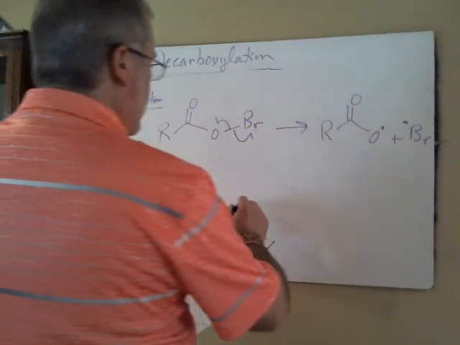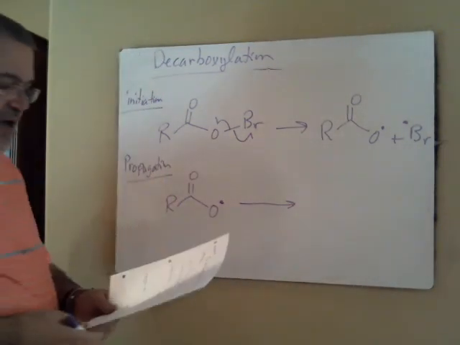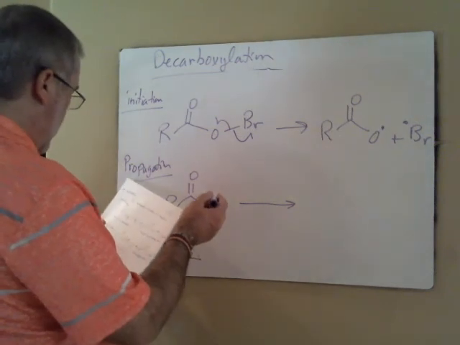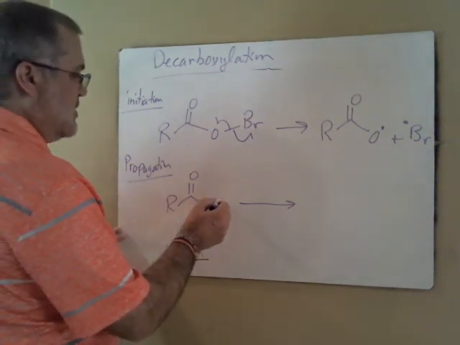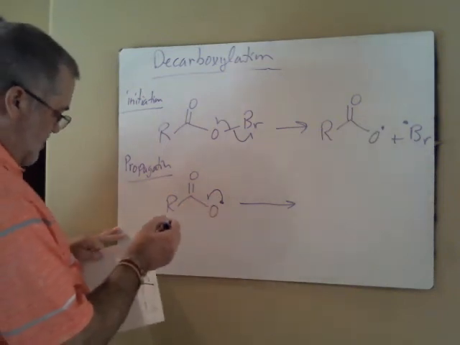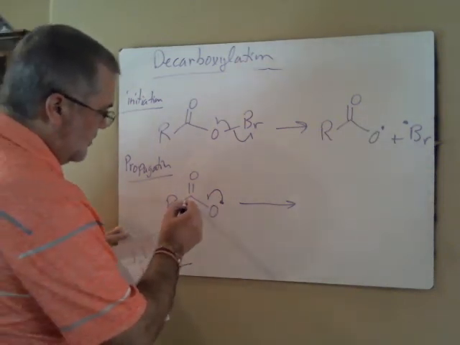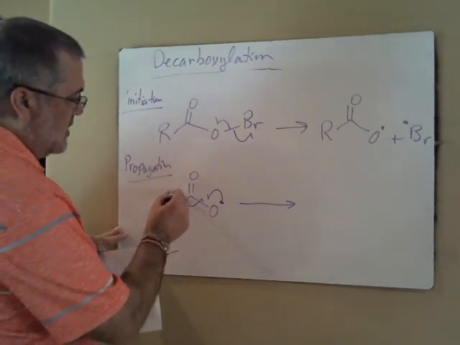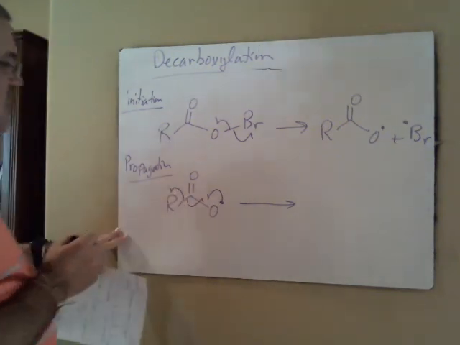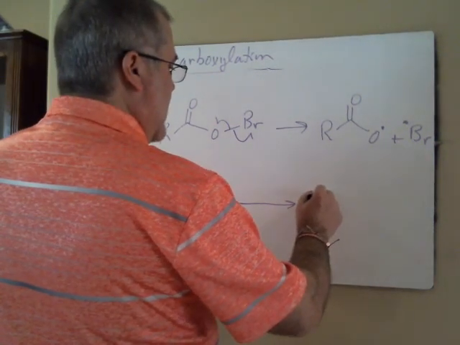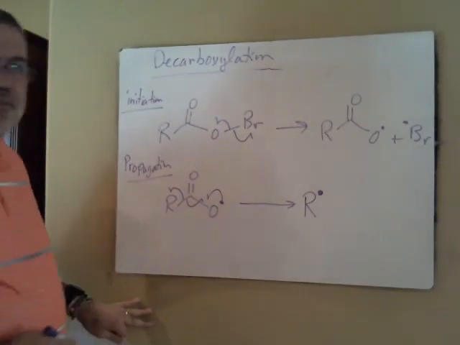Then it's going to undergo a spontaneous series of homolytic formations and cleavages, because this one electron is going to move in while this bond is cleaving, and then another electron is going to move out to the R. And so that's going to give me the alkyl radical.